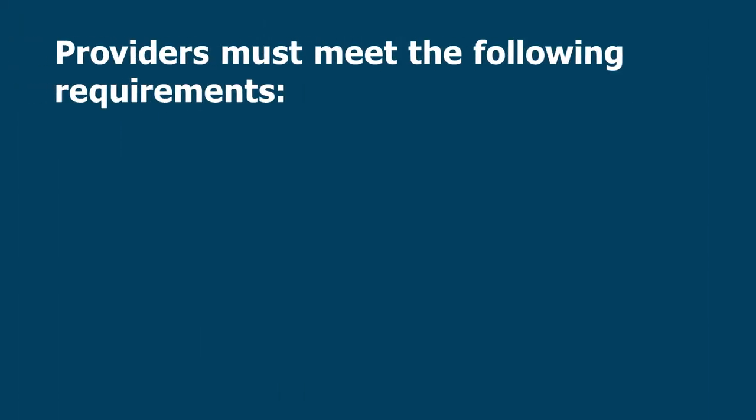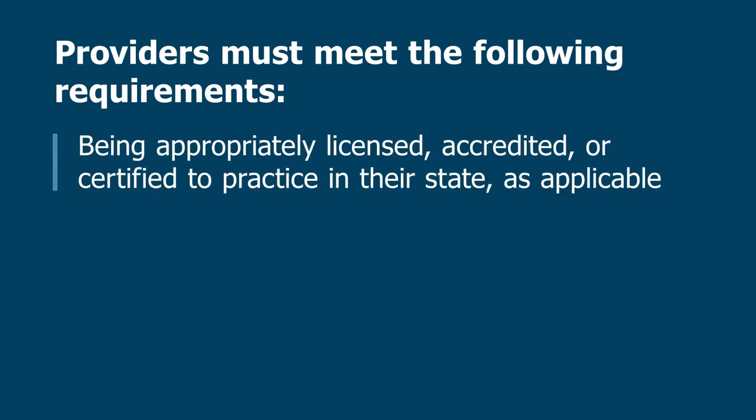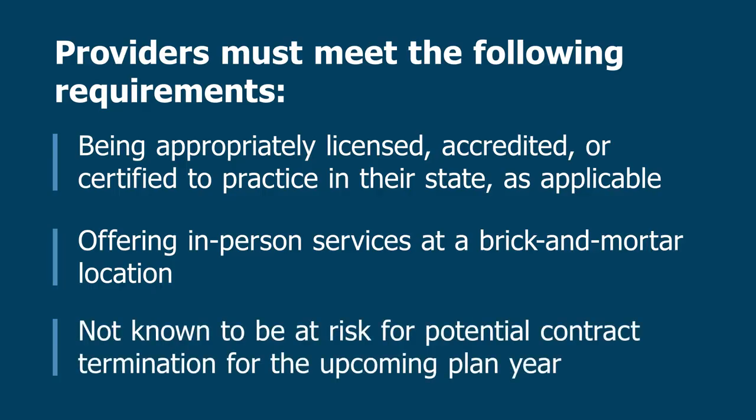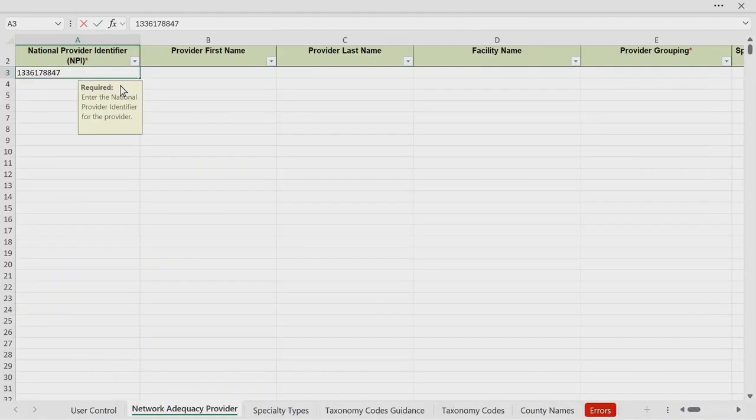These providers must meet the following requirements: being appropriately licensed, accredited, or certified to practice in their state as applicable, offering in-person services at a brick-and-mortar location, and not known to be at risk for potential contract termination for the upcoming plan year. Issuers must submit valid and active NPIs.